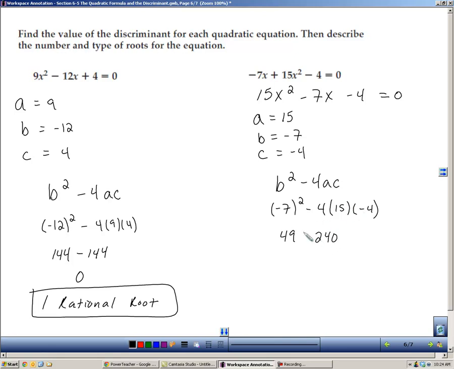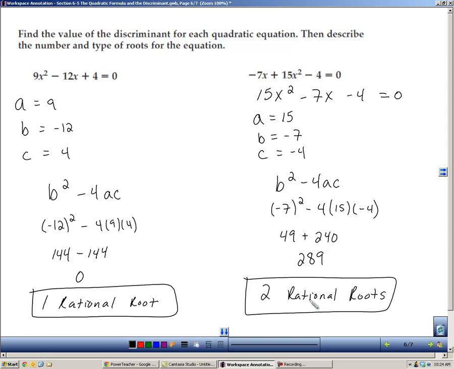And we have two negatives, so this will be a plus. So 289 is what the value of my discriminant is. Now 289 is positive, so I know I'm going to have two roots. But 289 is also a perfect square, so that means I'm going to have two rational roots. If 289 was not a perfect square, then we would have said two irrational roots.